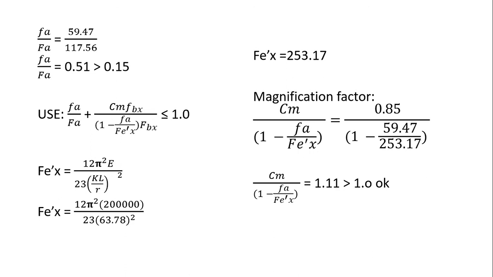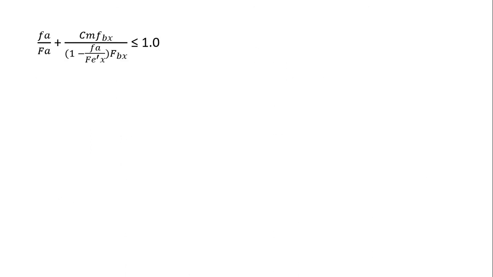So, diri na punta sa FA over FA plus CM times FBX over 1 minus FA over FA prime X times FBX. So, it should be less than or equal to 1.0. So, i-substitute na nato ang value sa tanan.